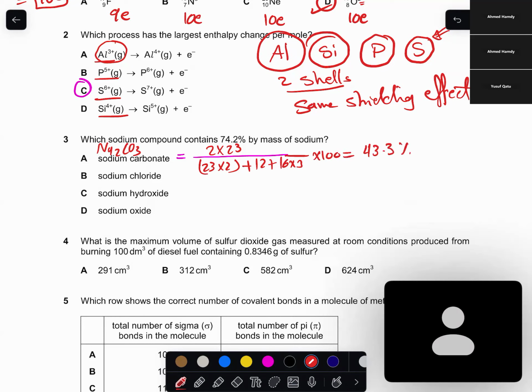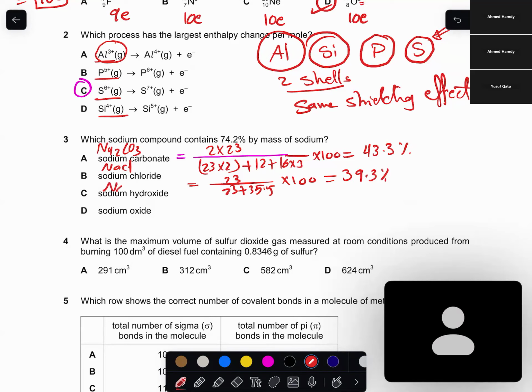43.3%. The second one, sodium chloride, it's easy, so it will be 23 over 23 plus 35.5 times 100 equals 39.3%.